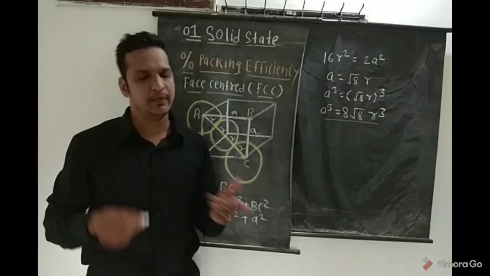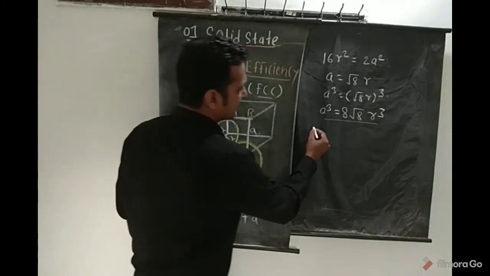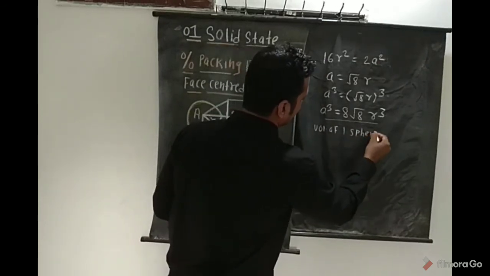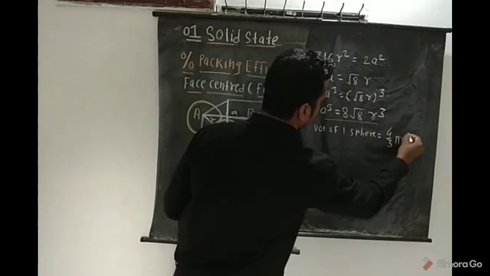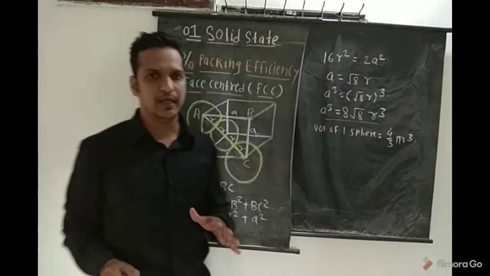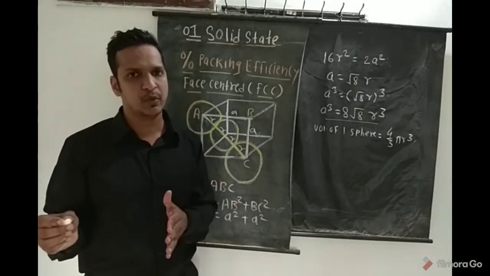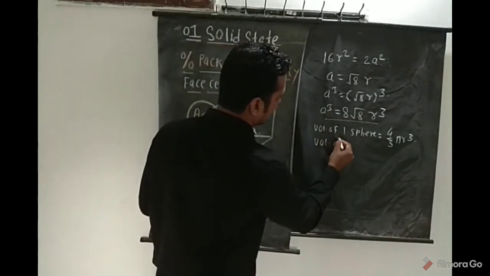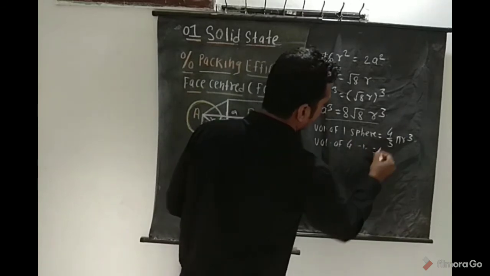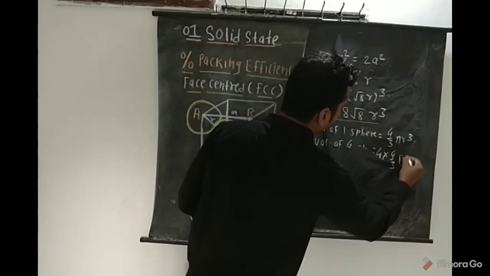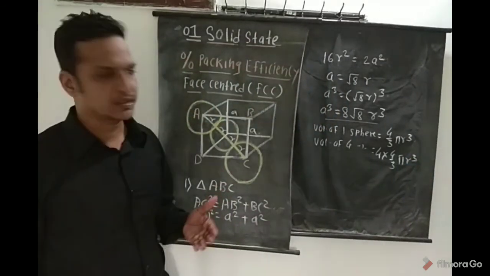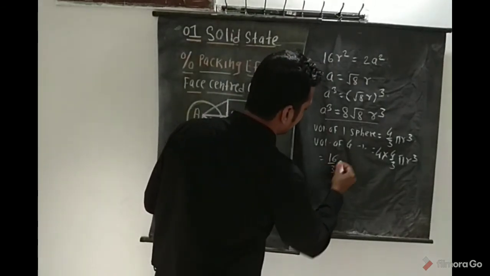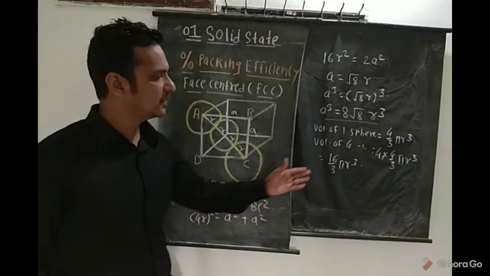So the volume of 4 spheres will be 4 into 4 by 3 pi r cube, which is 4 into 4 means 16 by 3 pi r cube.